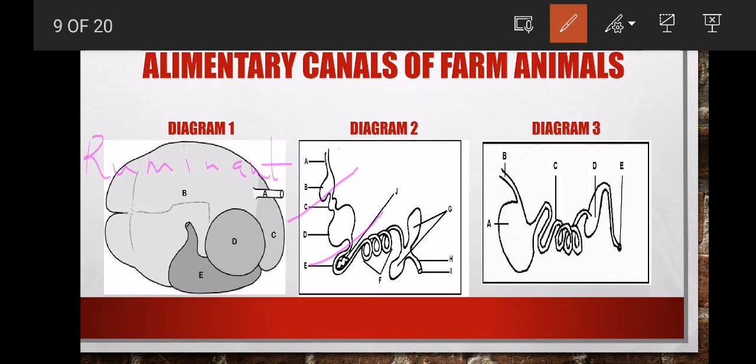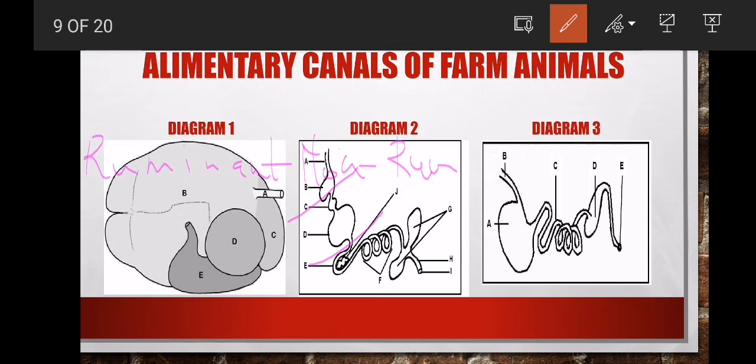Pro means before, then we have the ventriculus, which is your gizzard. So since we have 1 stomach here, remember the classification that we said it has only 1 stomach or a simple stomach. Ruminant or non-ruminant? We then say it's non-ruminant.